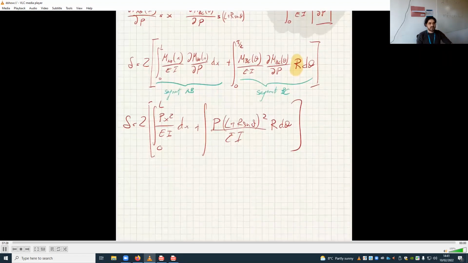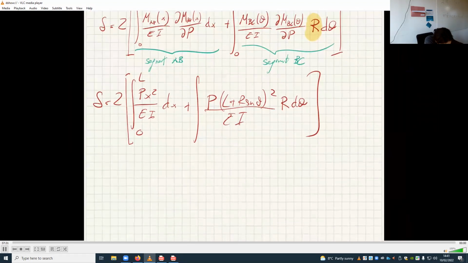Okay? So this one is quite easy to see. This one becomes P over EI times L cubed divided by 3.